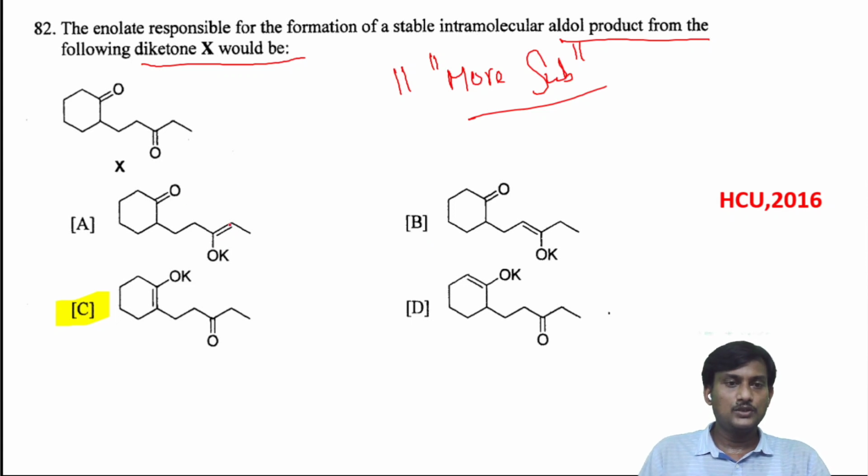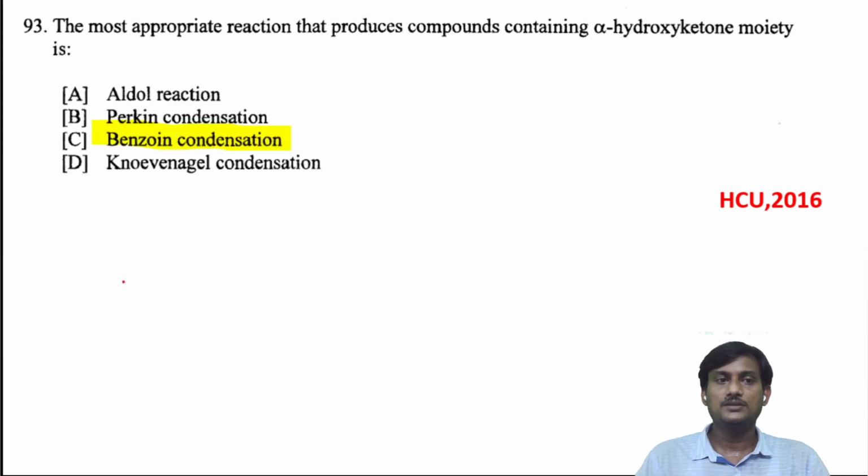Here we have this enolate. This is the double bond position. Among these 4 double bonds, this one is more substituted. More substituted double bond containing enolates are more stable. So we will get this enolate in this aldol reaction.